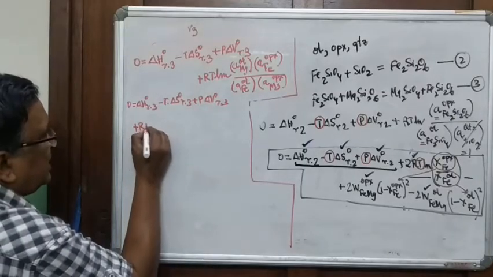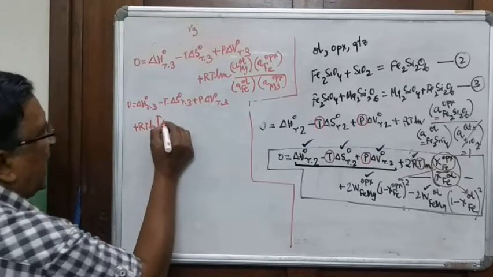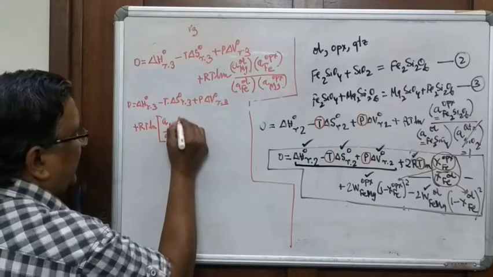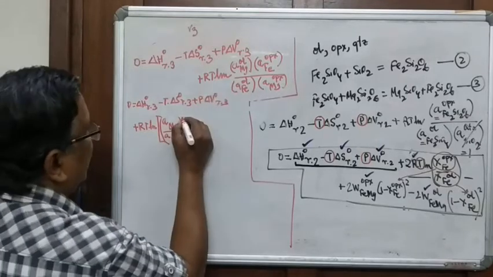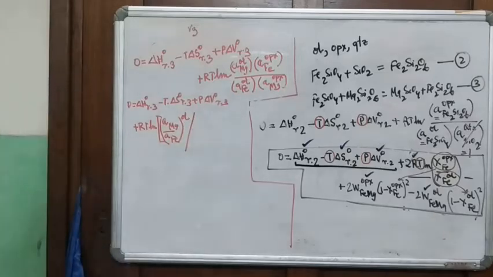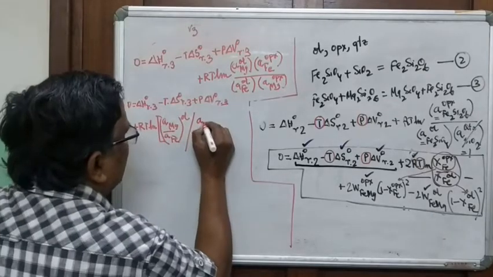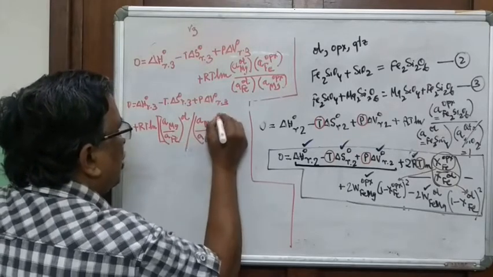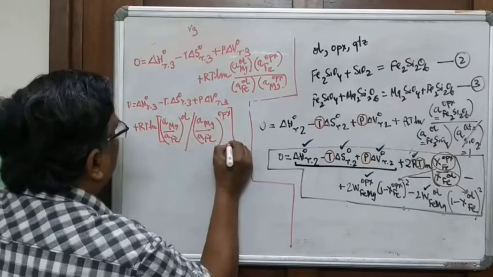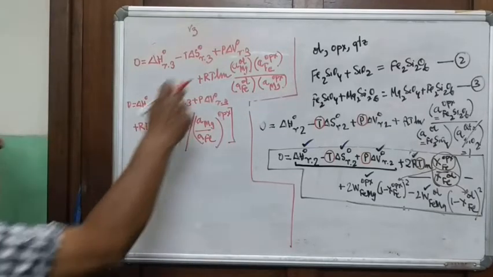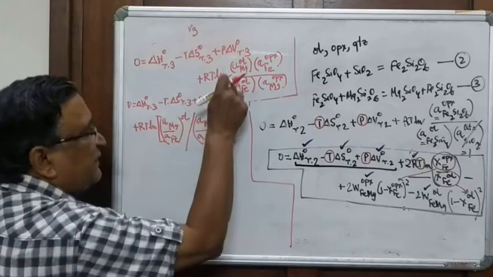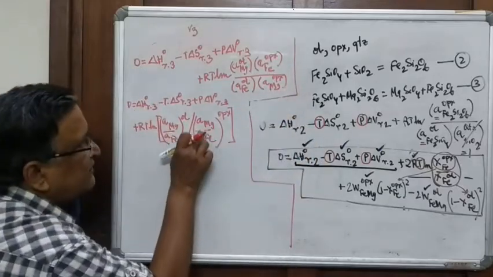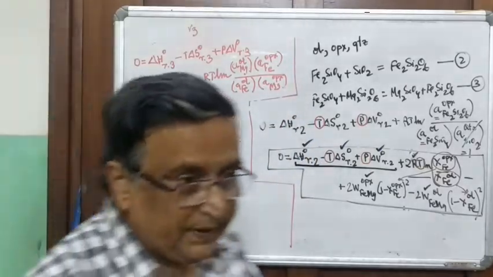Plus RT ln activity of Mg by activity of Fe in olivine divided by activity of Mg by activity of Fe in orthopyroxene. I have done nothing. Activity of Mg by activity of Fe in olivine is correct. And then I divided it, so this should be reversed. So activity of Mg by activity of Fe in OPX.